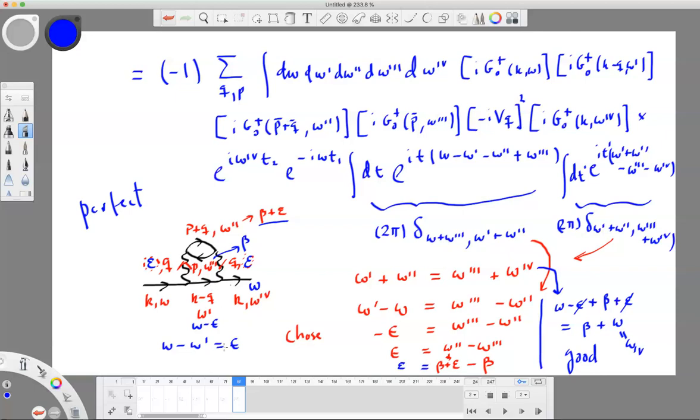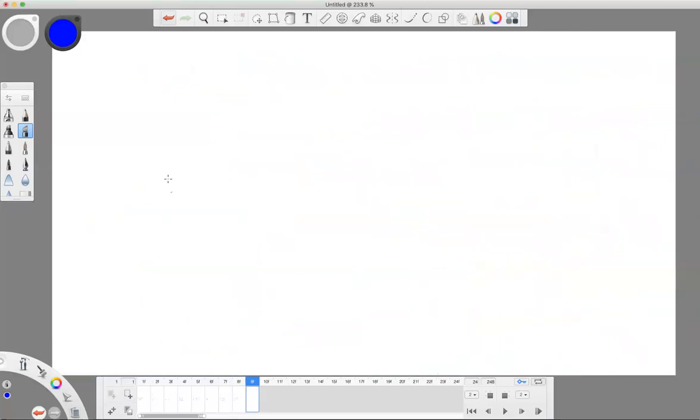Is this clear? Do you have any questions? Before I write this final answer, we are left with the following expression. There are two frequency integrations. I'm missing one. Oh, no, the other one is omega. You have both propagators, the incoming one and the outgoing one, that have the same combination k omega.